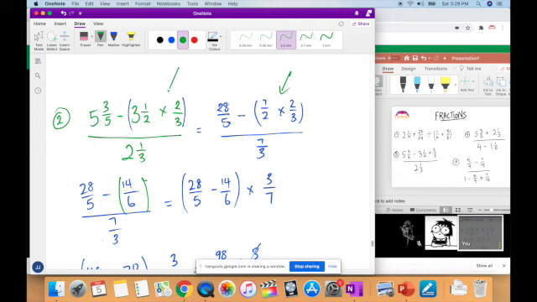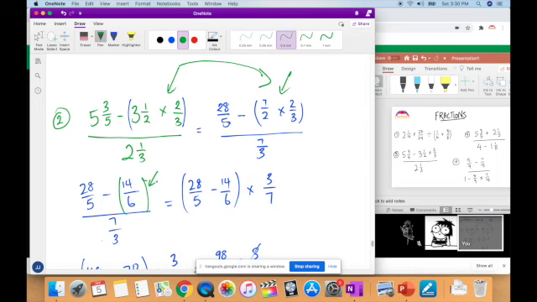The stuff in the brackets is this, right? I changed it to improper fractions first, and then when I worked it out, I got 14 on 6. 7 2s are 14, 2 3s are 6.